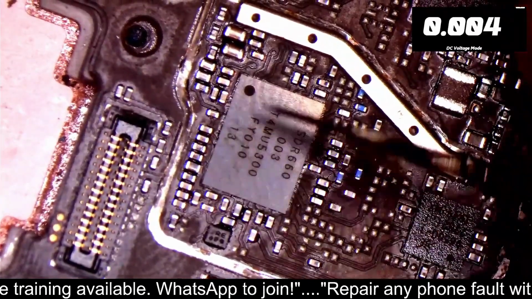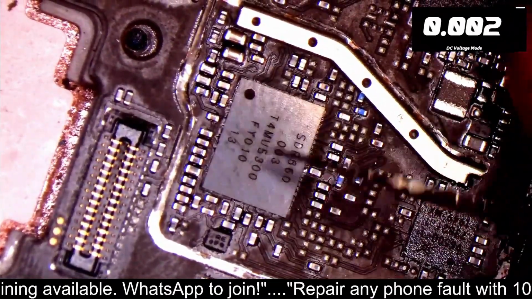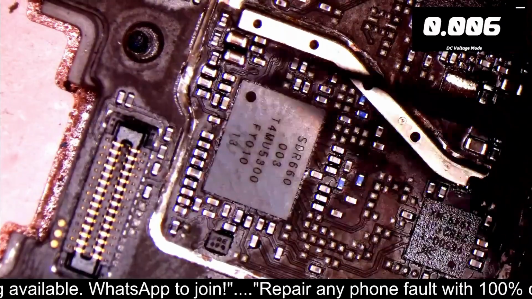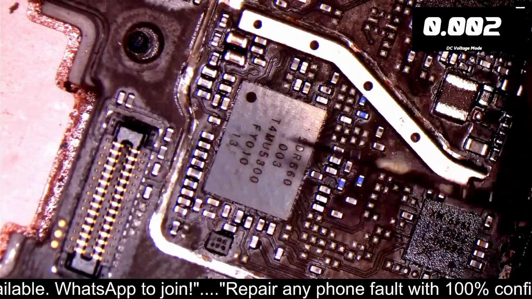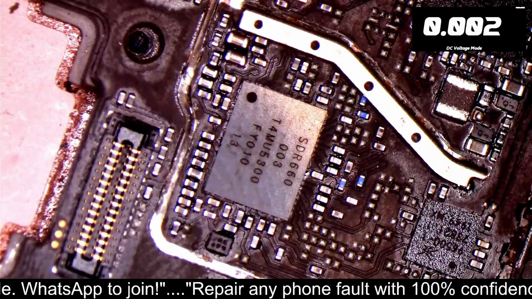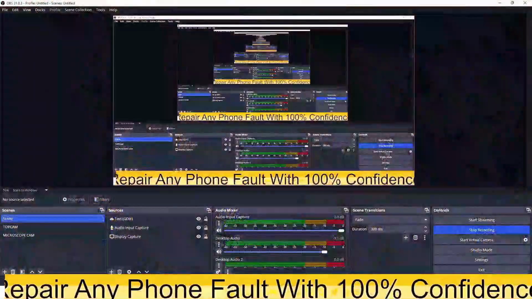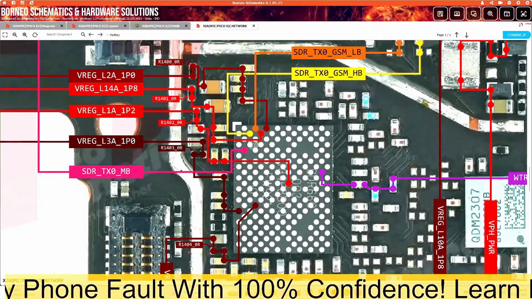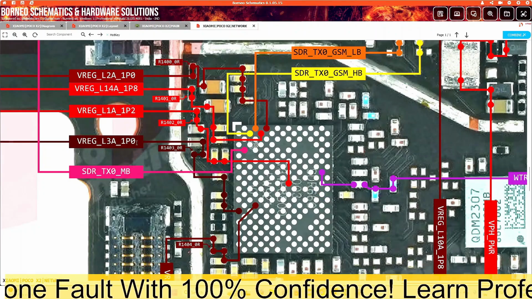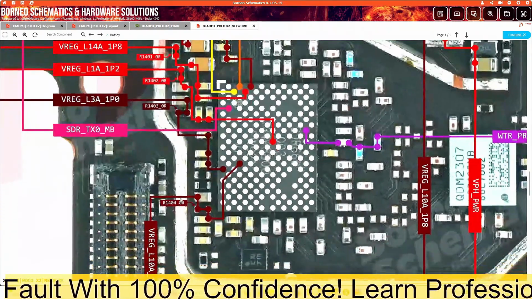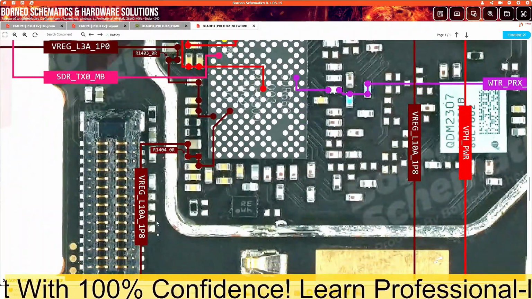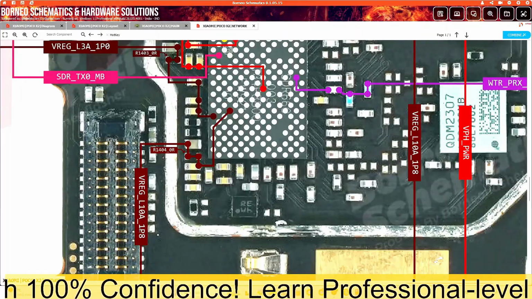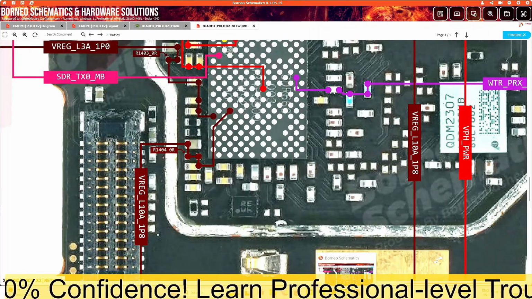So near the SDR IC, RFIC, we did not get any voltage from the PMU, right? There are multiple voltages like 1.0, 1.8, 1.2, 1.0, right? But we did not get voltages here. Let's see this 1.8.